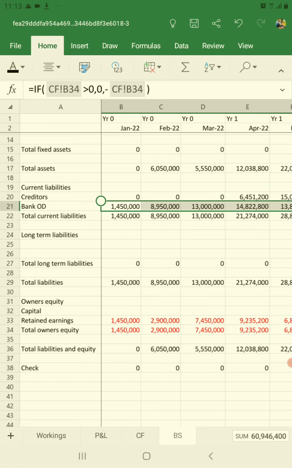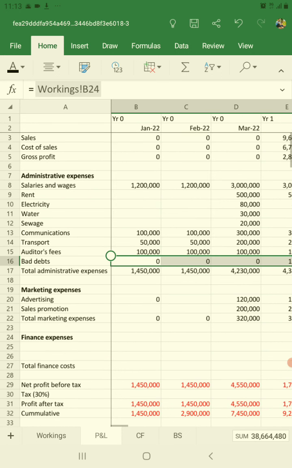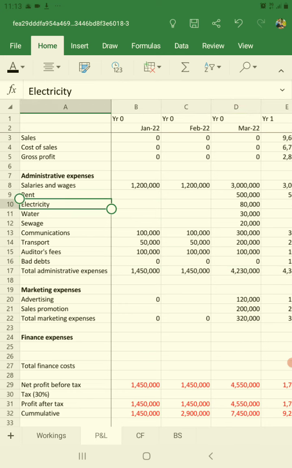Let's see in the profit and loss statement here which elements fall under accrual. Let us assume that electricity, water, and sewage. Let us assume that you use electricity this month.